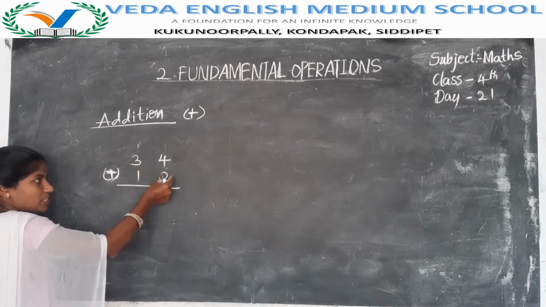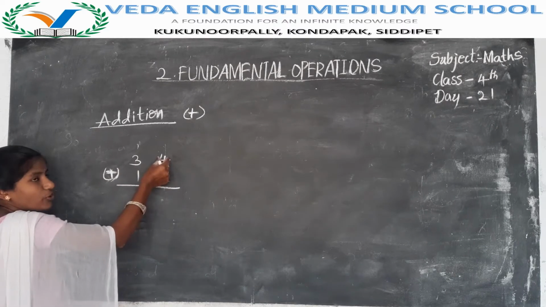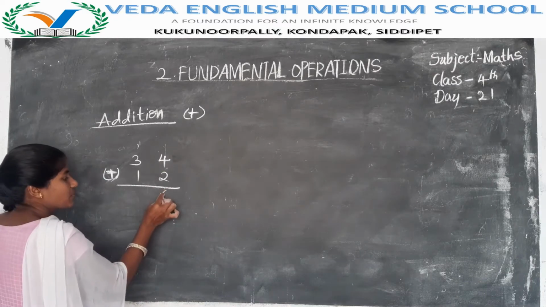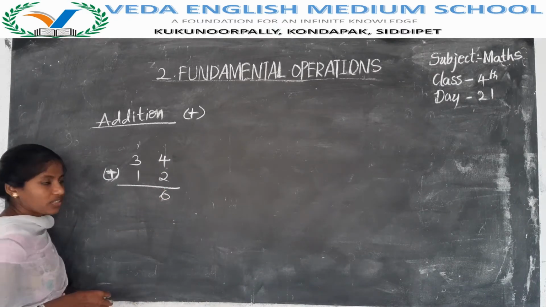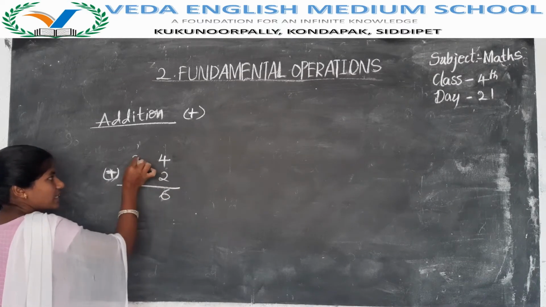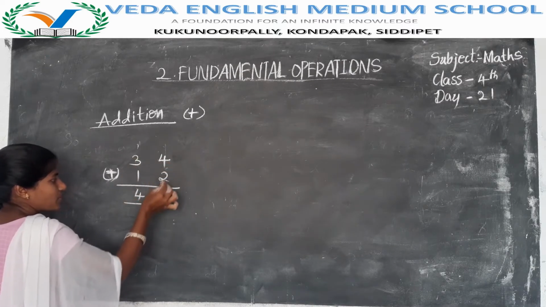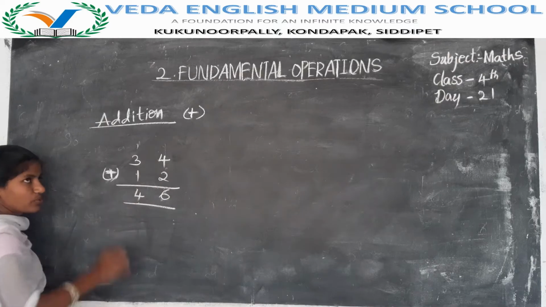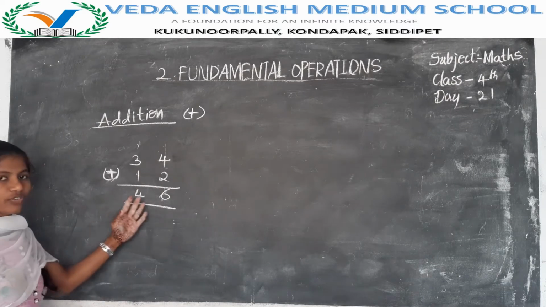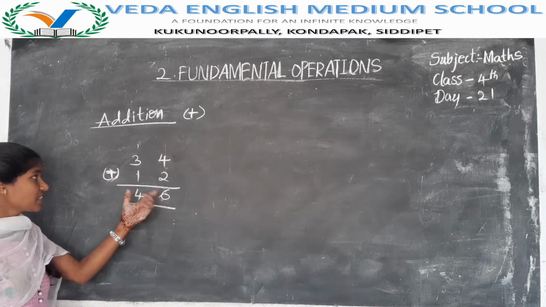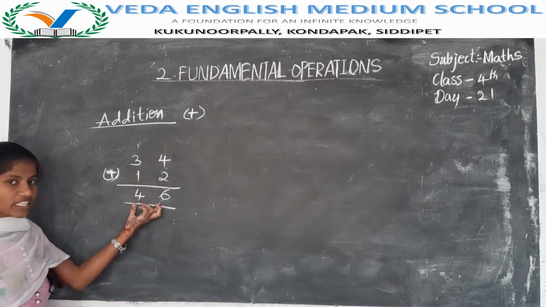What are the digits in the ones place? 4 and 2. 4 plus 2 gives 6. Then tens place, 3 plus 1 gives 4. So here we got 46. For this 34 and 12 we got the answer as 46.